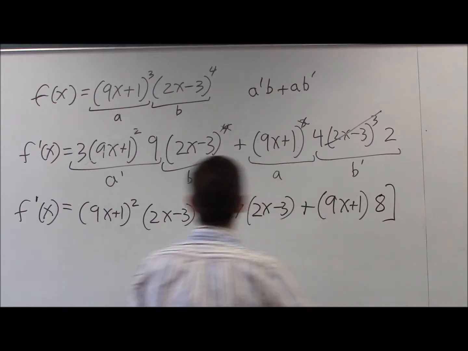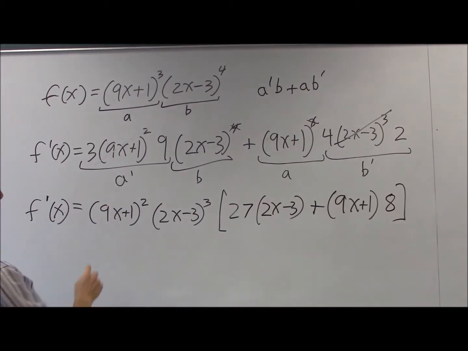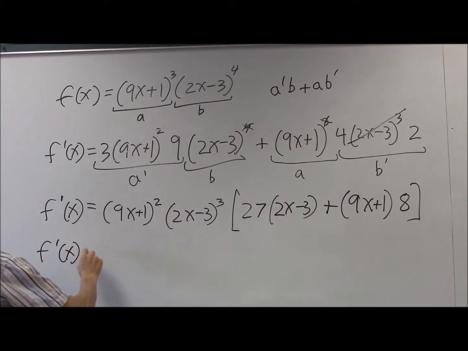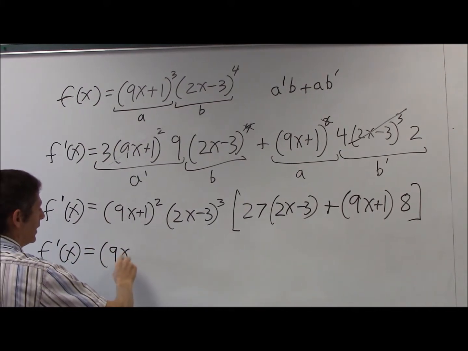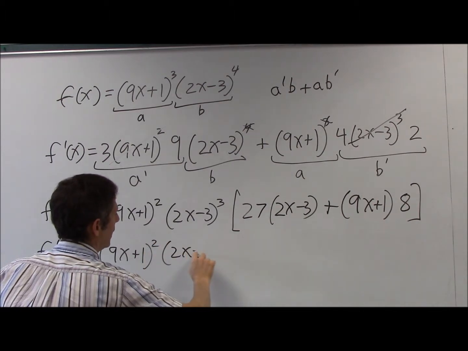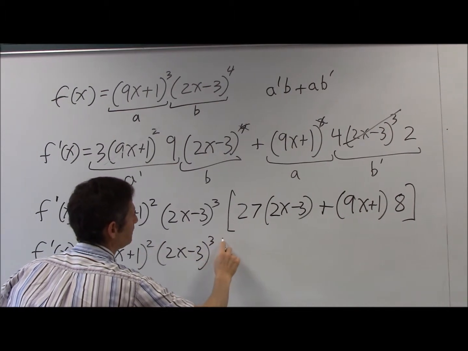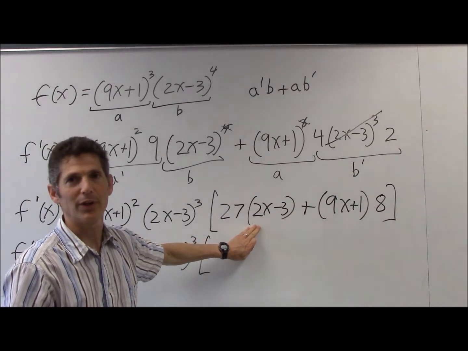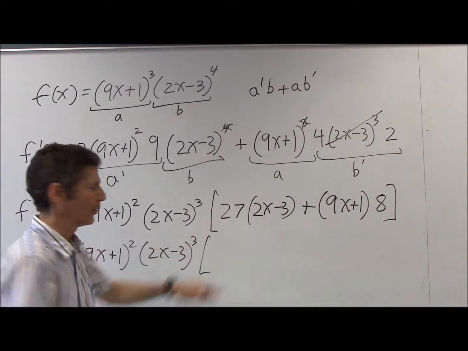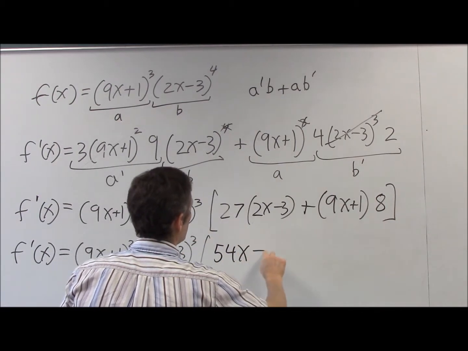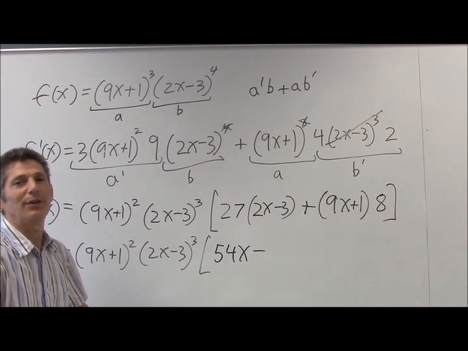I think I can do a little bit of simplifying here. We're just going to clean up what's inside each set of parentheses. 9x plus 1 and 2x minus 3 are already tidy, just rewriting them. 27 times (2x minus 3) is 54x minus 81.